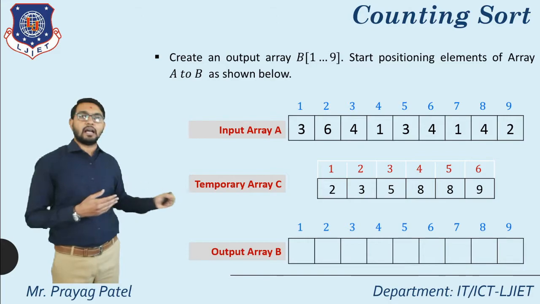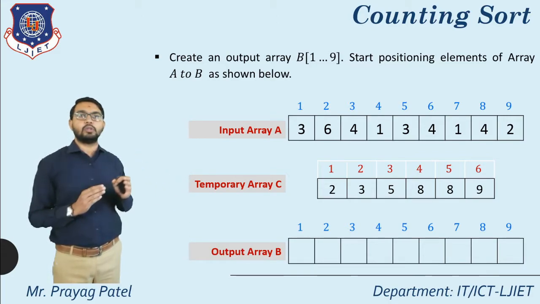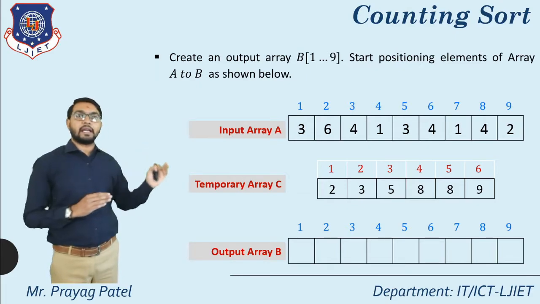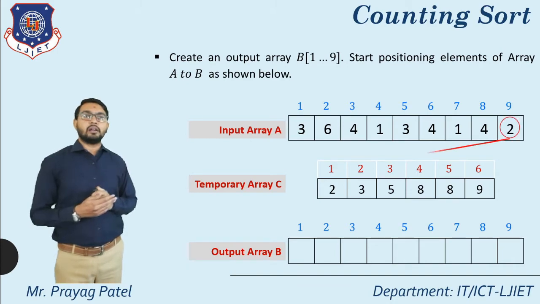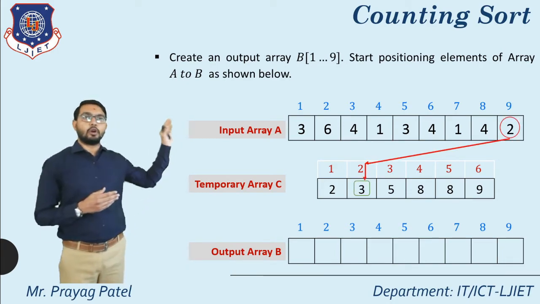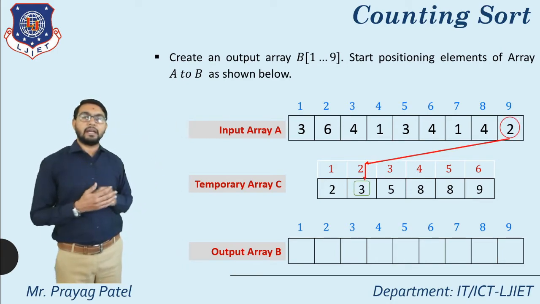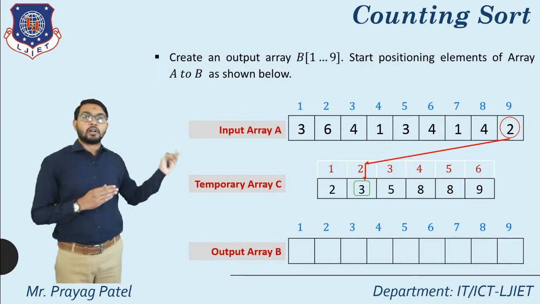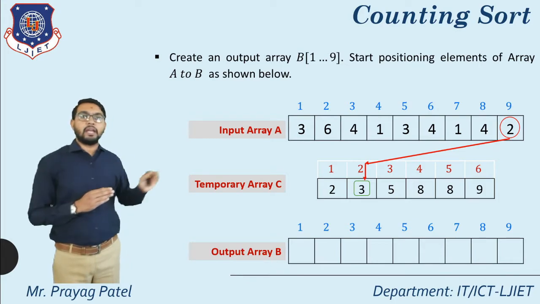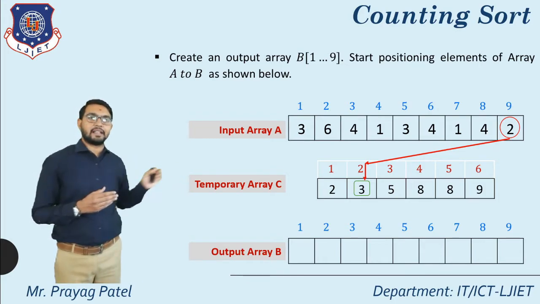Now consider the output array B. How can we put the values into array B from array A? Consider the equation. Here the last value is at column number 9, and in column number 9 we have the value 2. So consider column number 2 in array C. In column number 2, the value is 3.